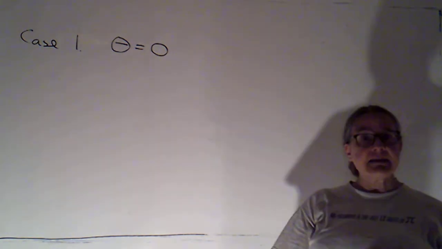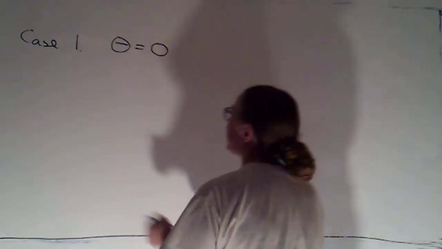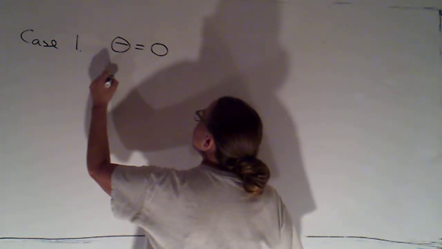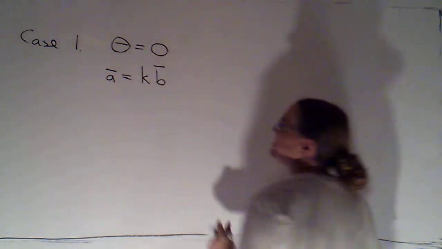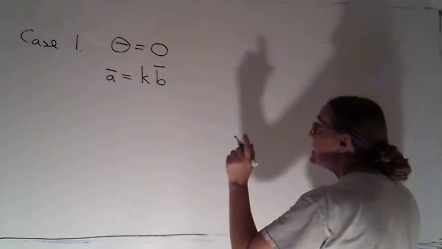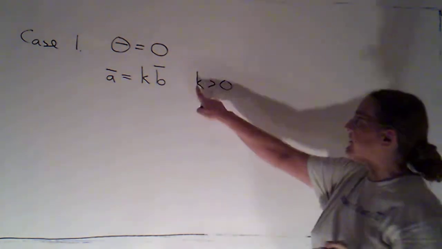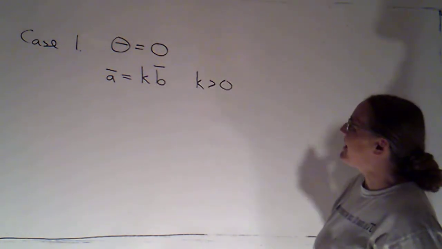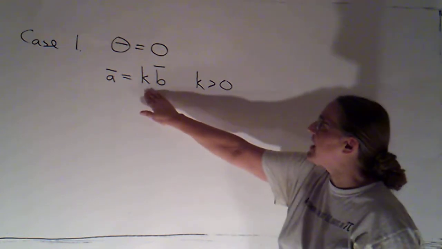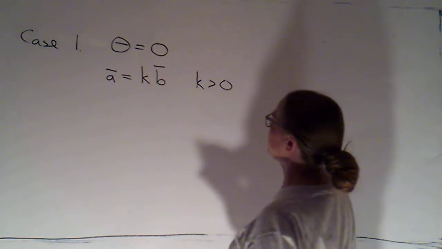Now, if that's the case, my 2 vectors point in exactly the same direction, so I would say that A would just be some multiple of B, and it would actually be a positive multiple. Because if I take a positive scalar and I multiply my vector by a positive scalar, it does not change the direction.